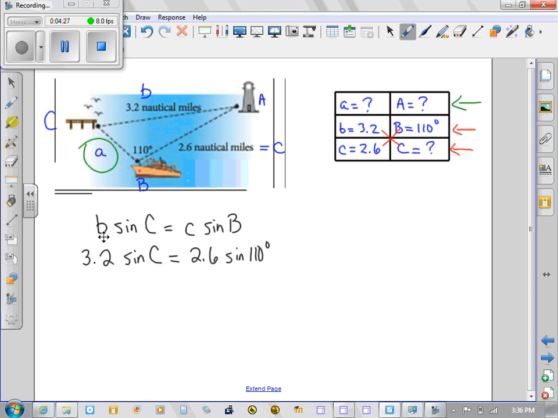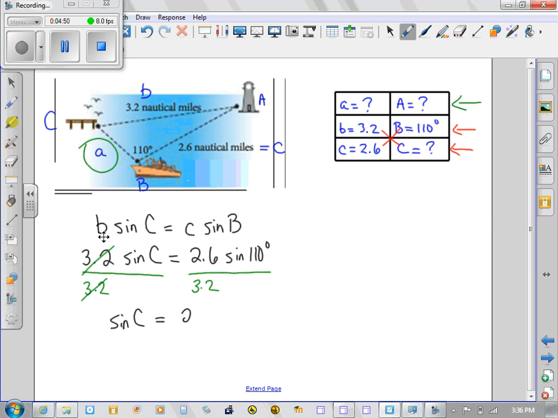Now we're going to try to isolate or get sine C by itself, so we'll divide both sides by 3.2. By doing so, the 3.2 will divide into that one in the top, and we're left with sine of C. So I'm just going to tidy things up a bit.